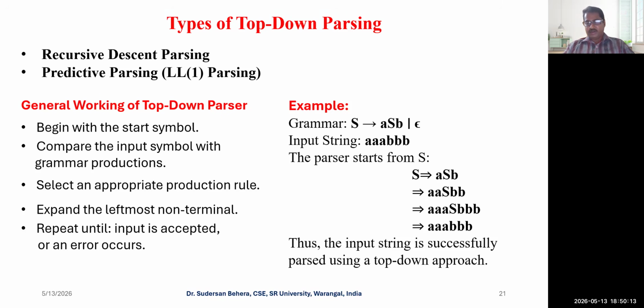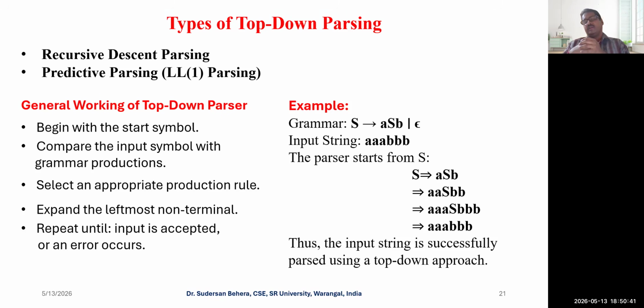So how to do that? To get triple a followed by triple b, you need to expand S with itself. Keeping the first a constant on the left side and the last b constant on the right side, the middle S is again replaced by its same production, that is aSb. So now you got two a's and on the right side two b's, again with S in between.